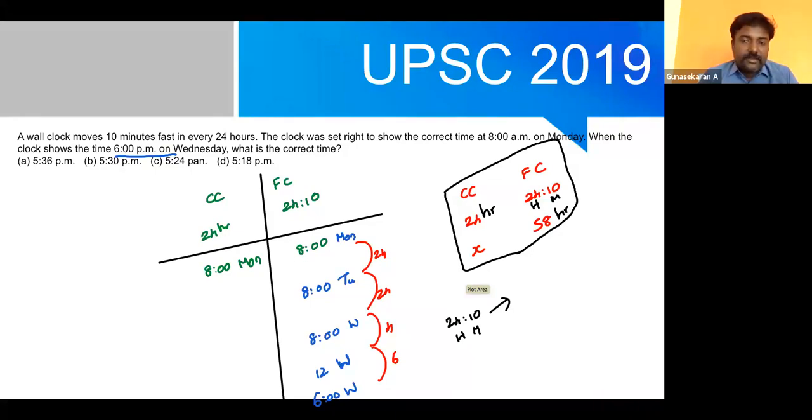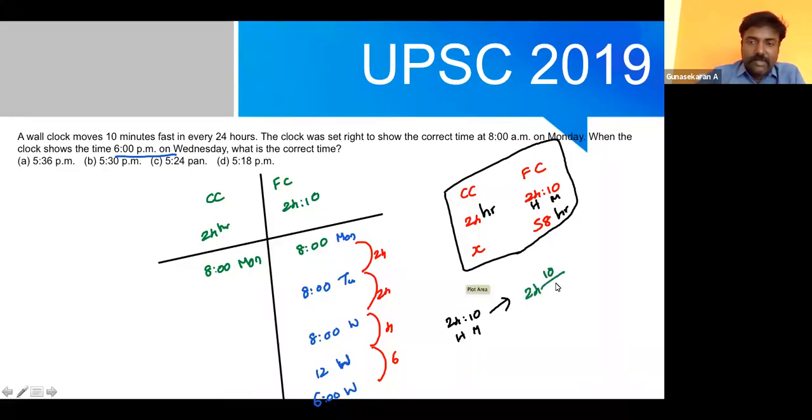The third unit should be in which unit, so that we'll get the answer in the fourth unit? That you have to decide. Changing into hours will be better because all 4 will be in the same unit, then that will be easy for you. So how to convert into hours?